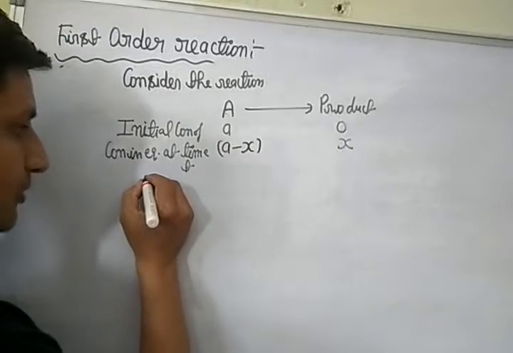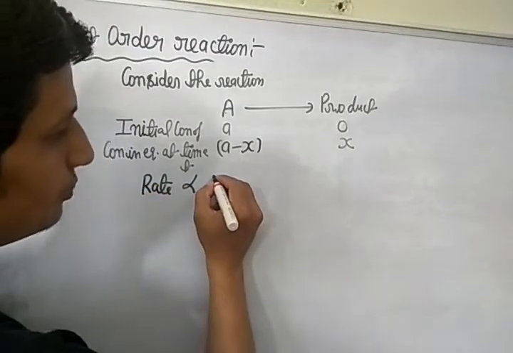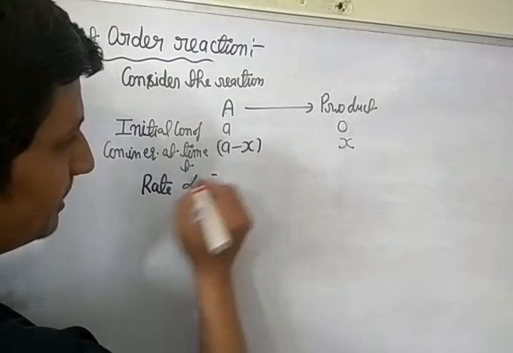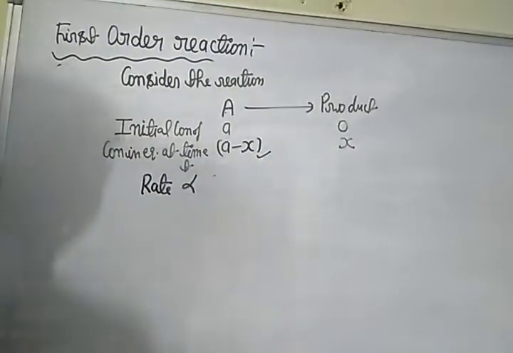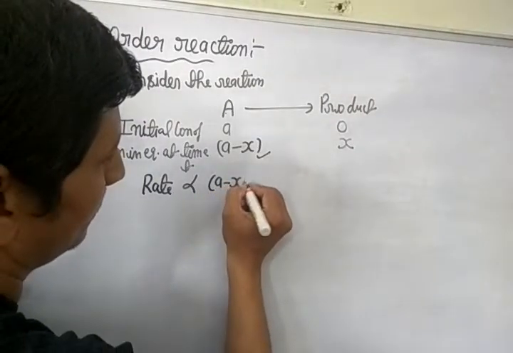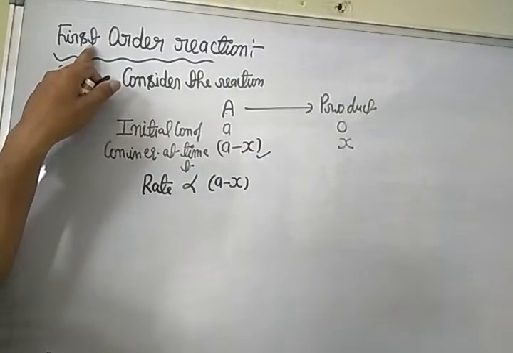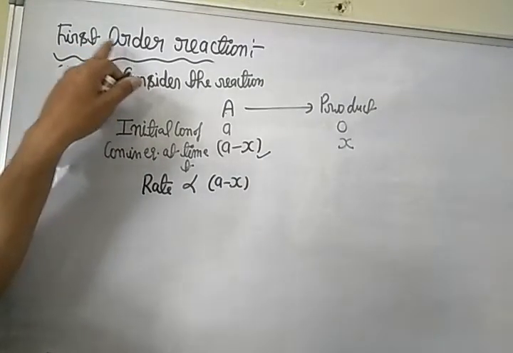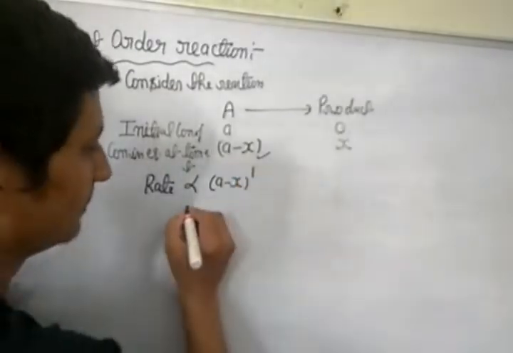We know that rate is directly proportional to the concentration of reactant, and the concentration of reactant at time t is a minus x. For a first order reaction, rate depends on one concentration term, so the power of this is 1.